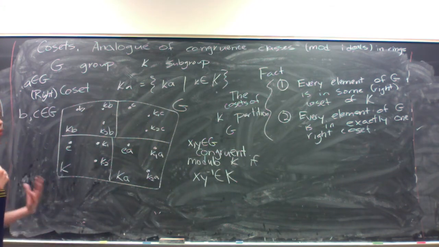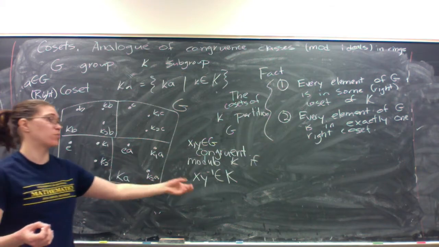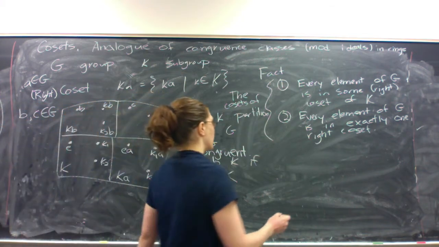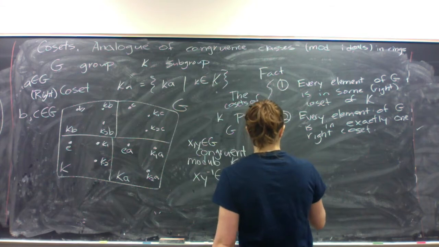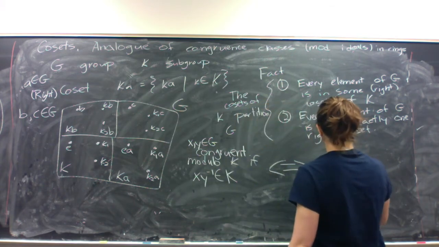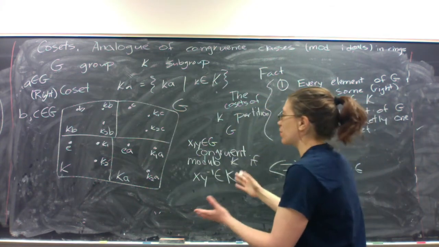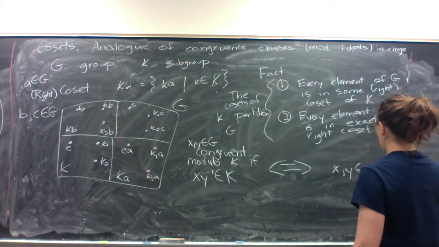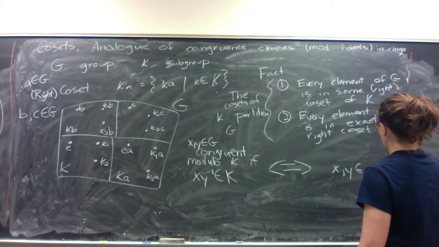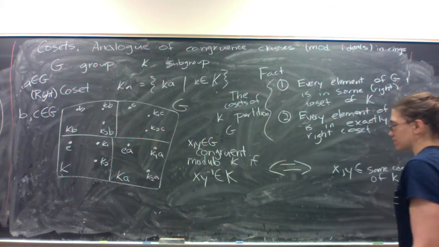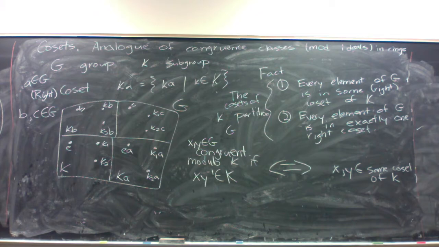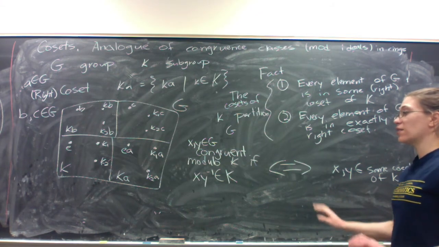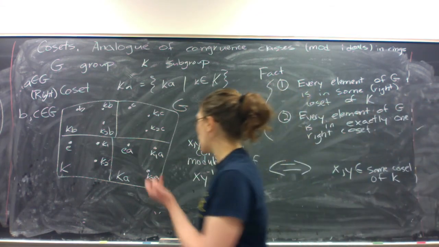But I think a more useful definition of what it means to be congruent modulo K is that x and y, maybe they're equally useful but for different purposes, x and y are in the same coset of K. You'll prove this, but let's explore this a little bit.